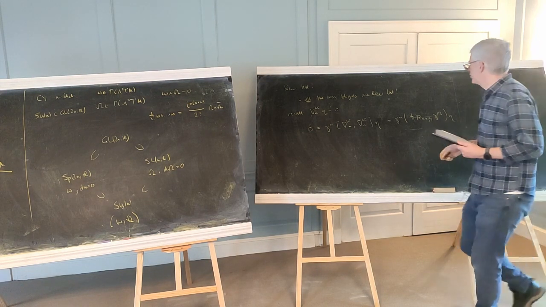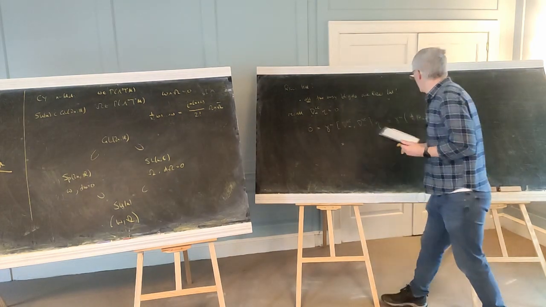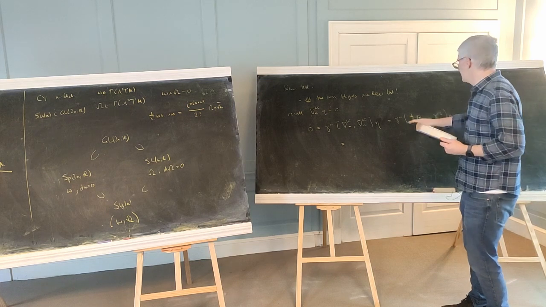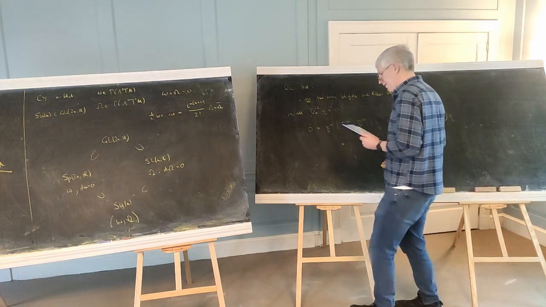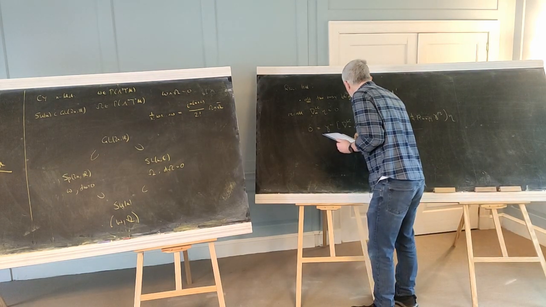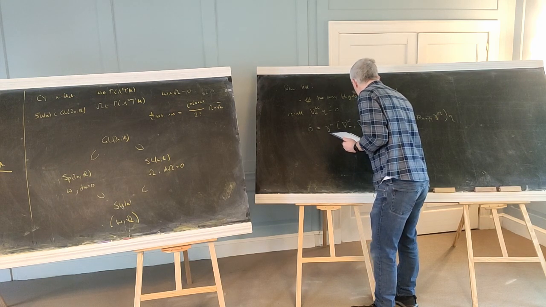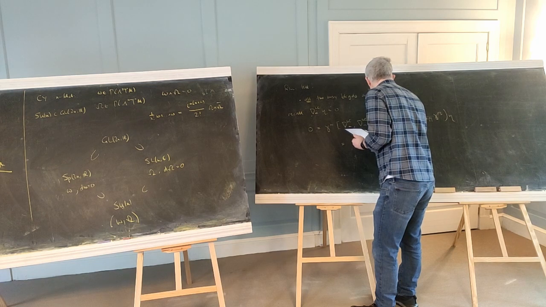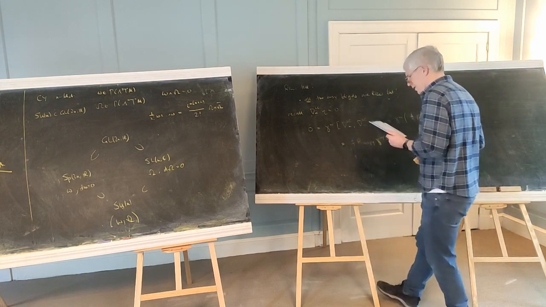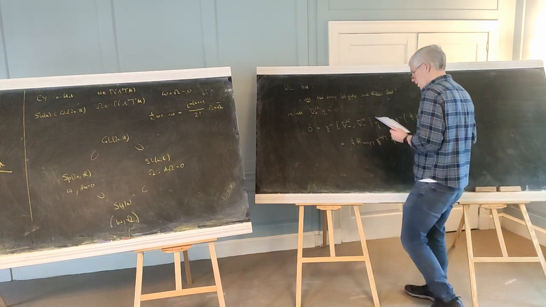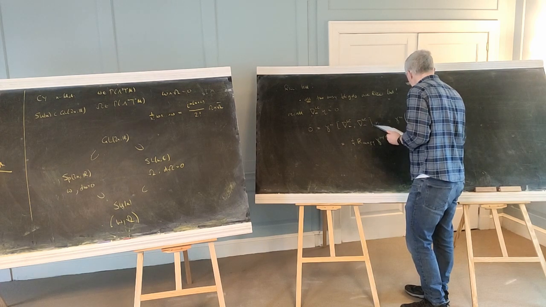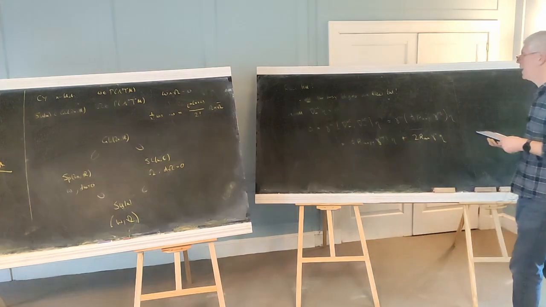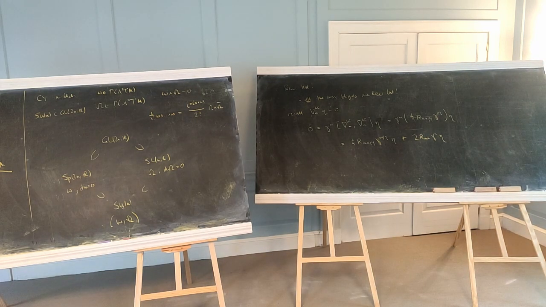And then I do some gamma matrix algebra, and I can either take the symmetrized products here or the anti-symmetrized products, and the effect of that is I get two terms. So I get R_{mnpq} gamma^{npq} acting on the spinor. And then I get another term which looks like 2 R_{mn} gamma^n acting on the spinor.